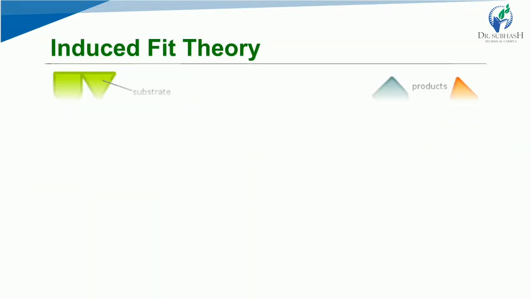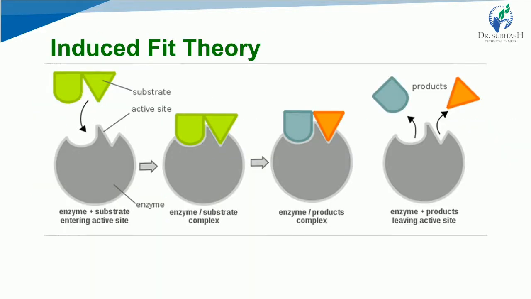Now the induced fit theory is this way. You can pause the video here. In this induced fit theory, as you can see, the substrates are colored green. As soon as the enzyme and substrate combine, when they enter the active site and combine with the enzyme, they form a complex.